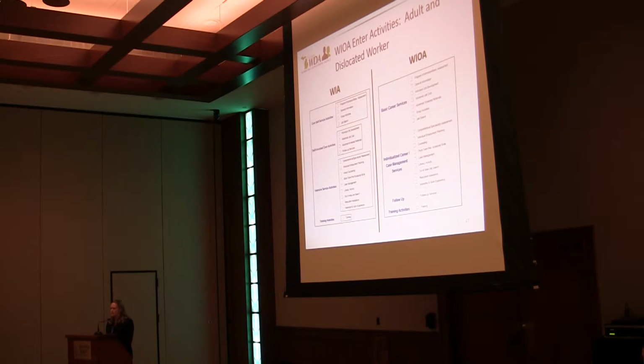We thought, well, that's kind of silly. Let's just call it counseling and then still have the same types, group or individual. Follow-up services was part of the staff-assisted core service section, and now it has its own section on the enter activity screen. And then intensive services has been relabeled to individual career/case management services.